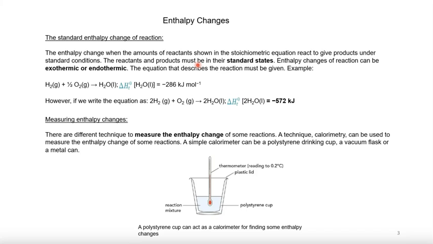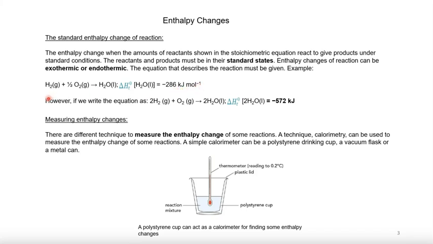So we take an example here. If we react hydrogen gas with oxygen gas, we get water. Here, 1 mole of hydrogen gas with half mole of oxygen gas, and we are getting 1 mole of water. The standard enthalpy change of the reaction is then minus 286 kilojoules per mole.